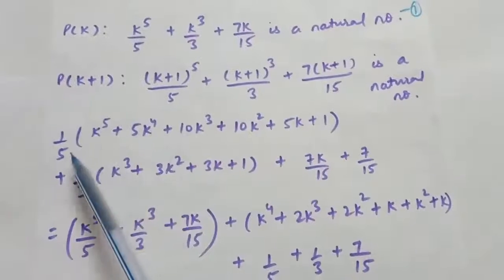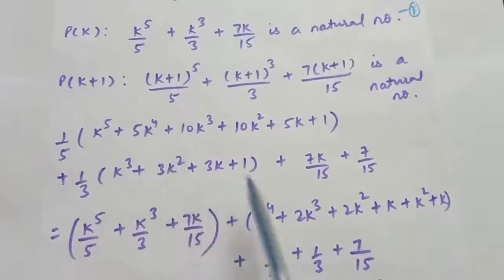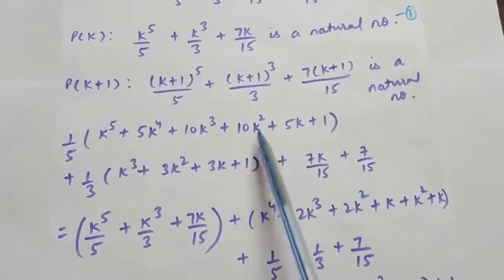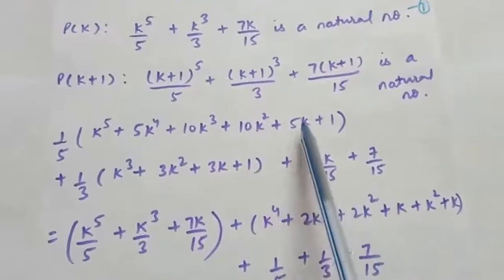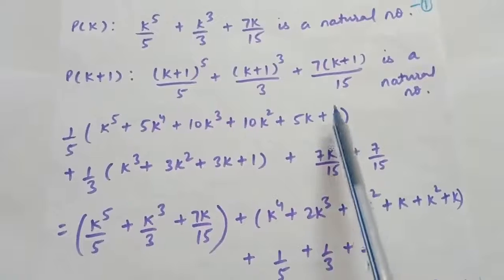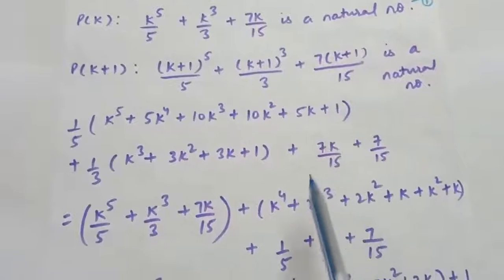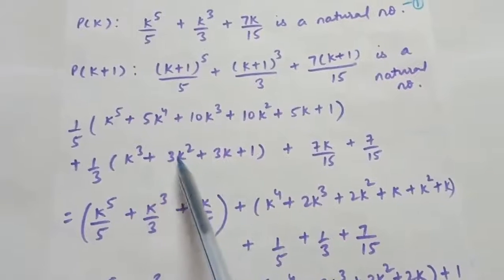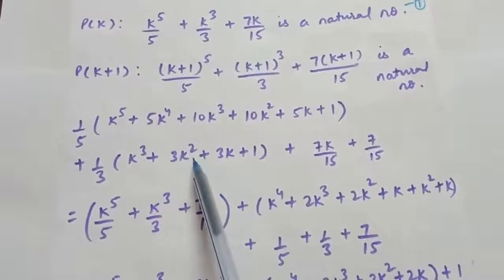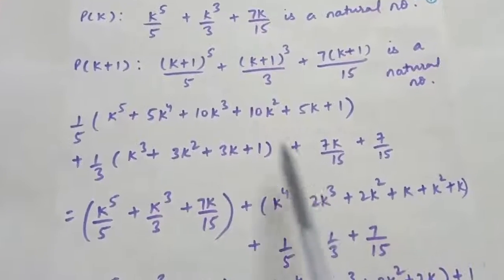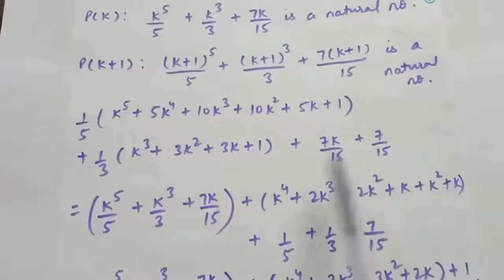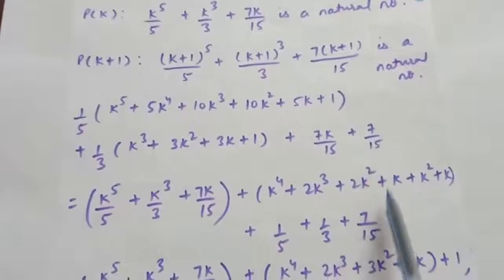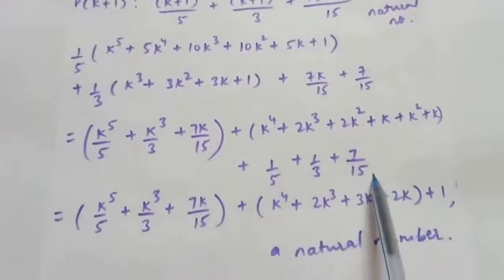Plus this will be now divided by 5, k raised to the power 4 plus 2k cube plus 2k square plus k, and this will be plus 1 upon 5 because this is a fraction, so write down separately. Now divide this with 3, you will get k square plus k, then plus 1 by 3 writing separately, and plus 7 by 15 also writing separately.